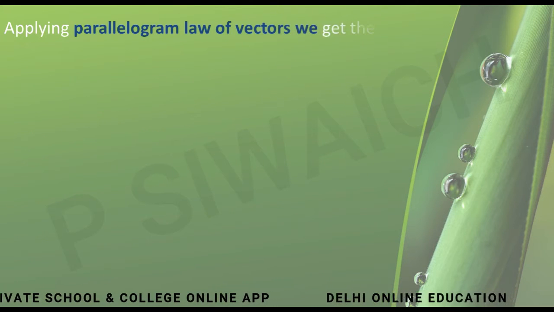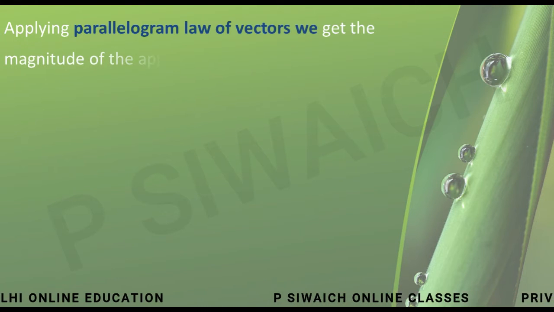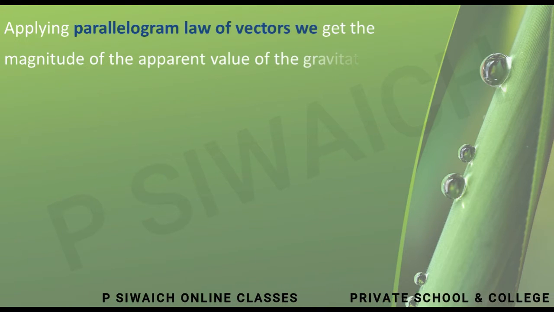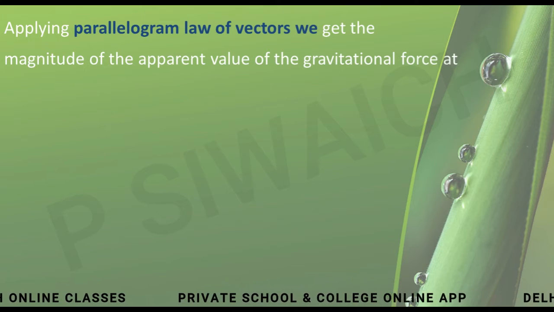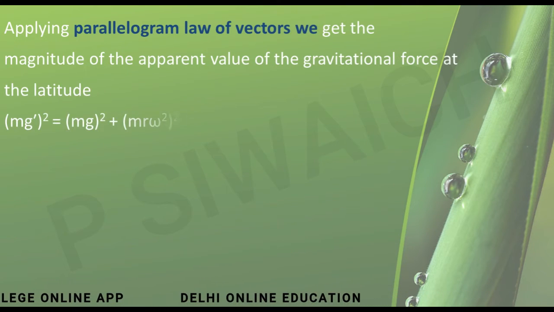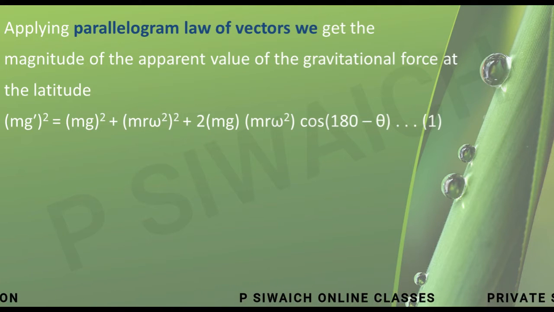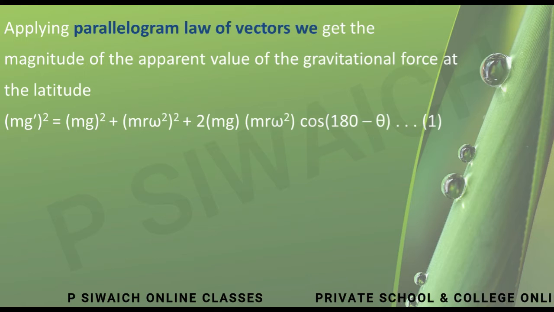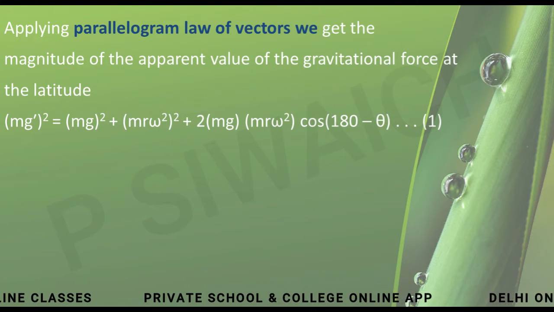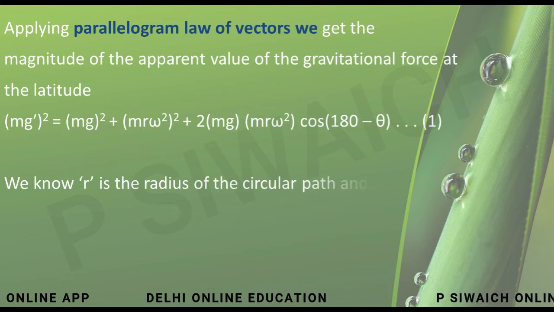Applying the parallelogram law of vectors, we get the magnitude of the apparent value of the gravitational force at the latitude: mg' squared equals (mg) squared plus (mrω²) squared plus 2(mg)(mrω²) cos(180° minus θ).